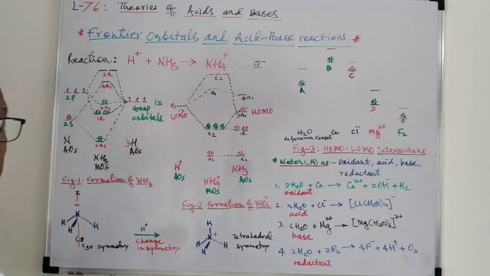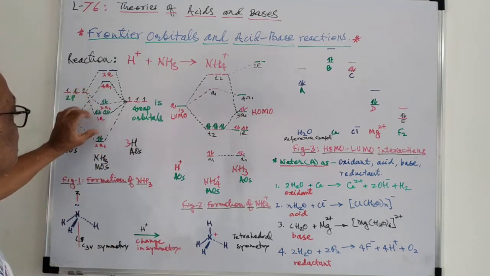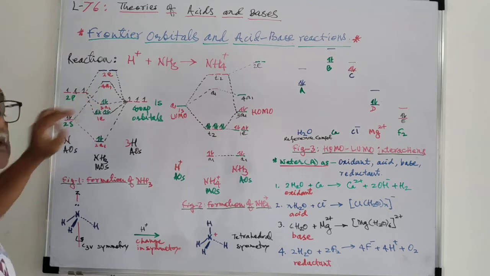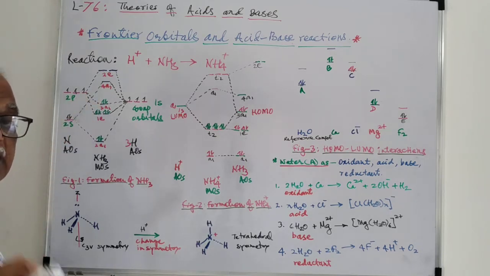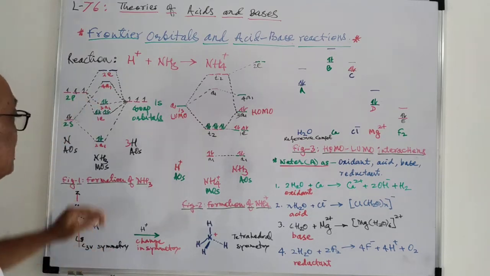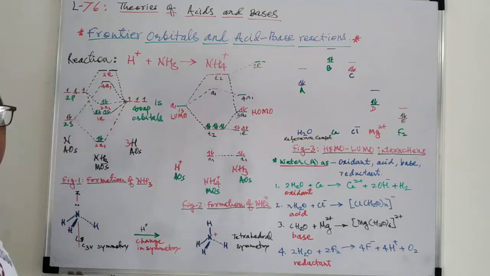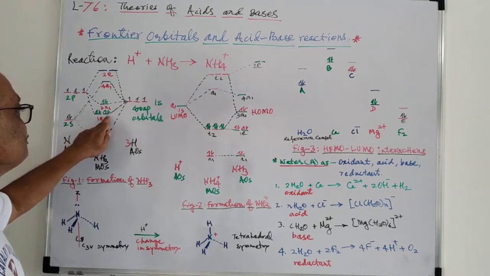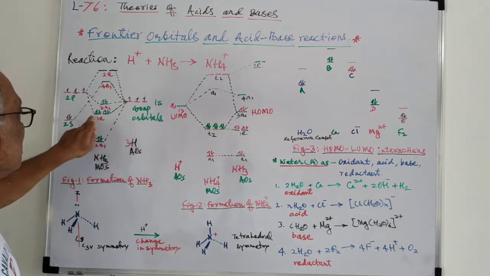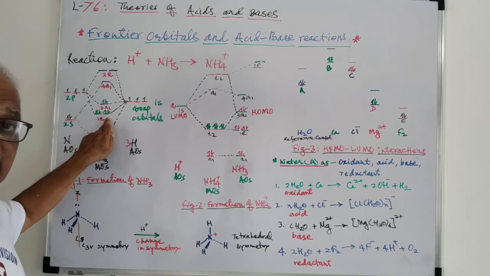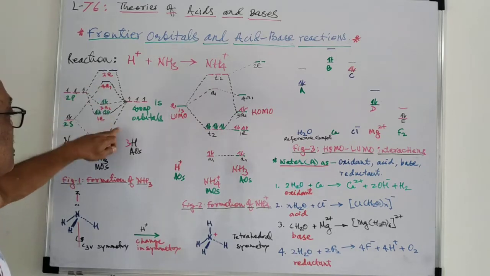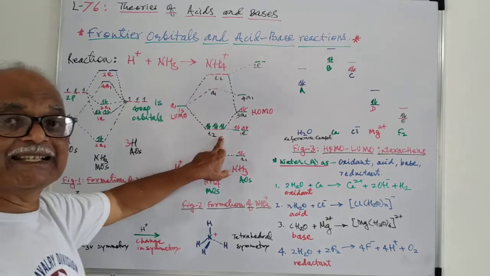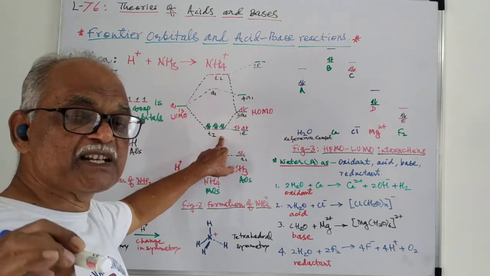So when this 3A1 symmetry orbital occupies an electron pair, the energy of this A1 symmetry molecular orbital is lowered, and it merges into this group of E symmetry orbitals, and as a result, together they show tetrahedral symmetry orbitals.